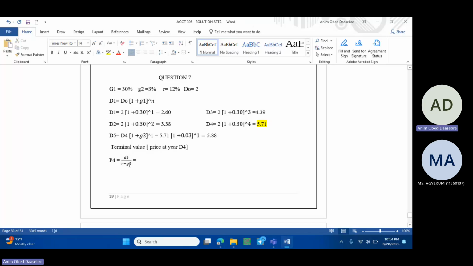We are using this formula because that D5 is a perpetual value. That's why we are subtracting the growth rate from the required rate.